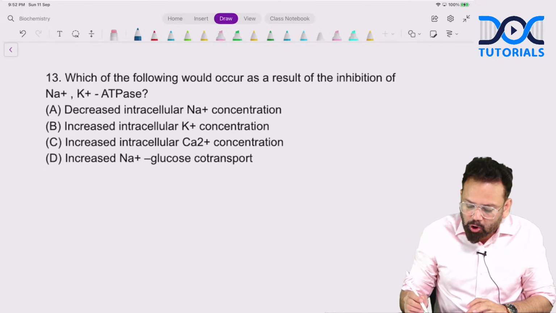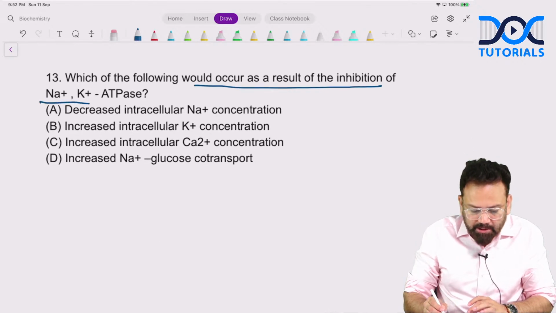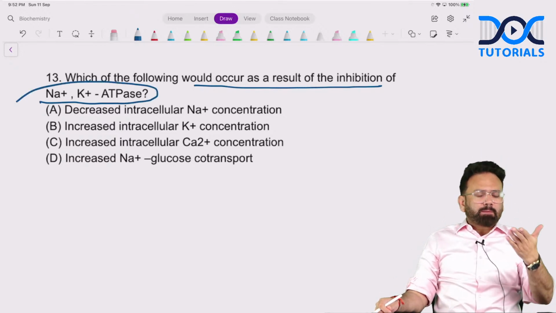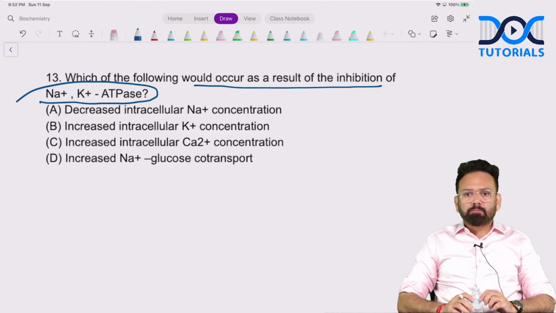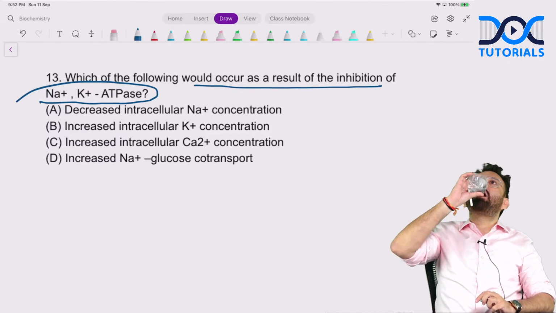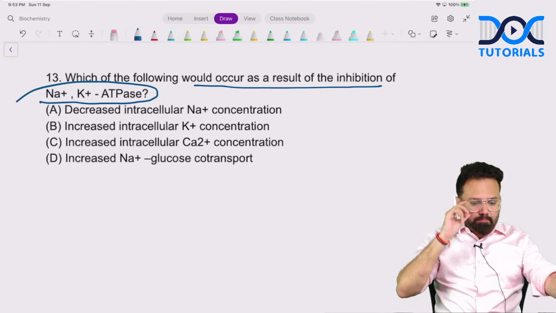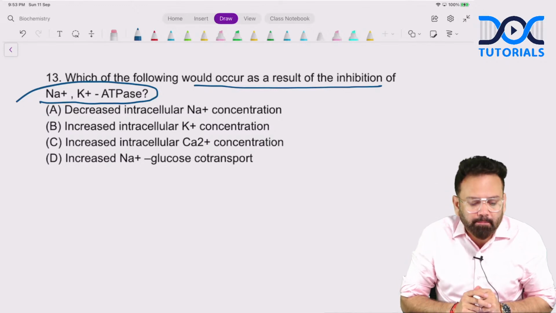Which of the following can occur as a result of inhibition of the sodium potassium pump? This is about a drug. Can you name a drug that blocks the sodium potassium pump?